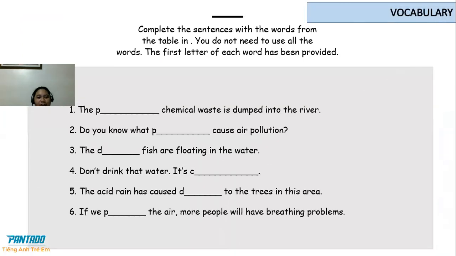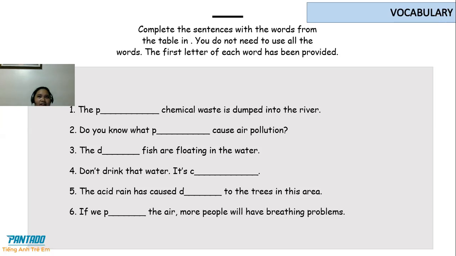Now we have another one. Complete the sentences with the words from the table. You do not need to use all the words. The first letter of each word has been provided. Now we have numbers 1 to 6 and the first letter is already here.